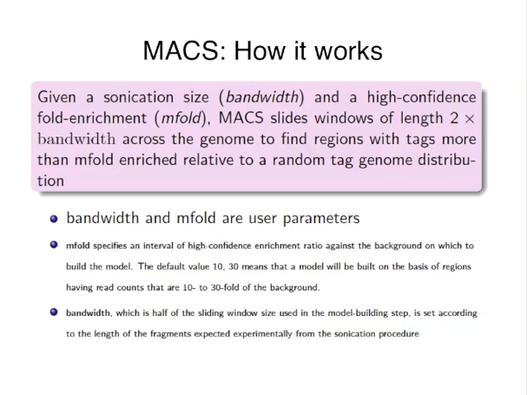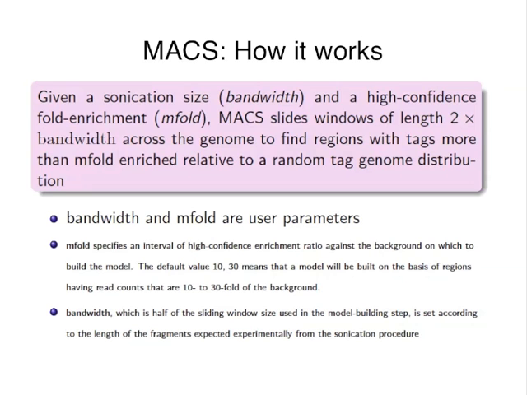Given a specific sonication size or the bandwidth, which you can enter yourself, and a high confidence fold enrichment, or M-fold, for which the default settings are between 10 and 30, MACS will then slide windows of 2 times the bandwidth across the genome to find regions where tags are highly enriched.